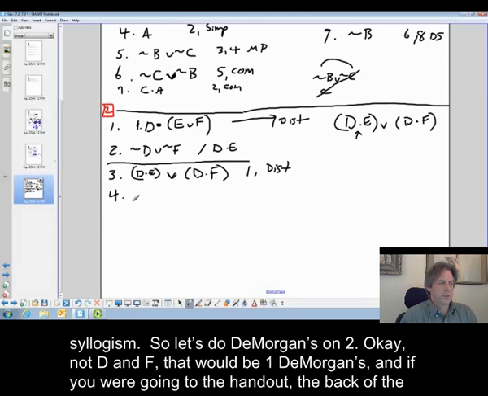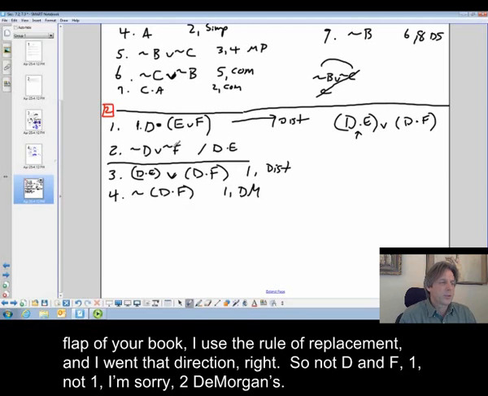So let's do De Morgan's on 2. Okay? Not D and F, that would be one De Morgan's, and if you were going to the handout, the back of the flap of your book, I use the rule of replacement and I went that direction, right? So not D and F, two De Morgan's.